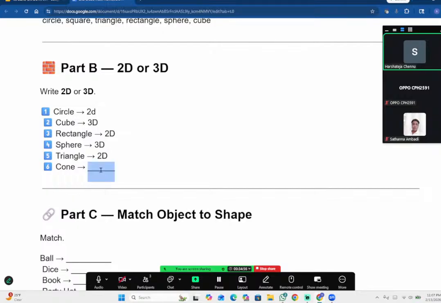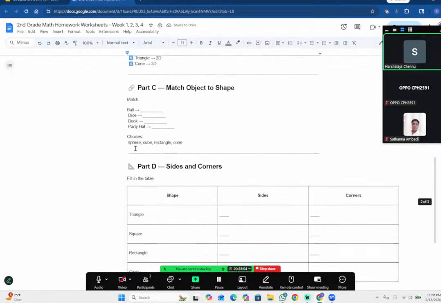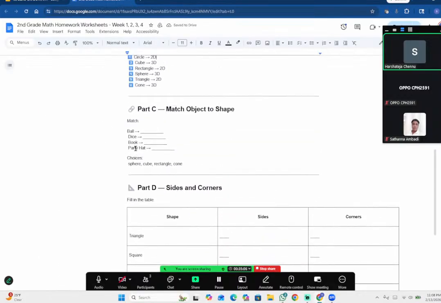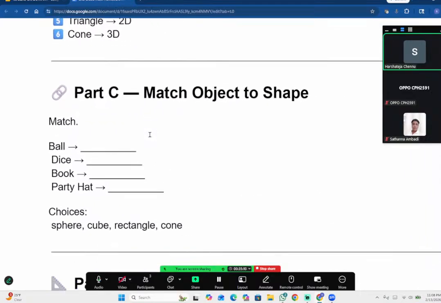And a cone would be 3D. So after this, we can end it.